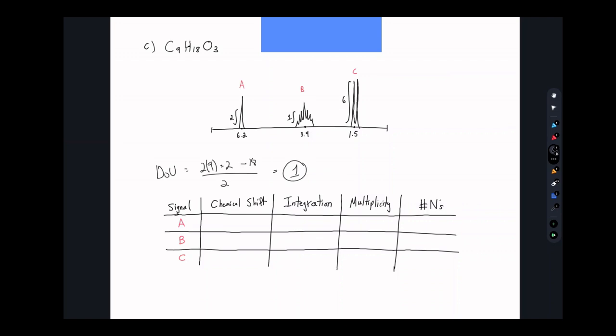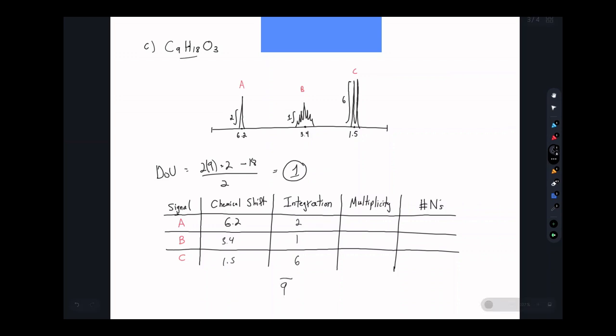Only 3 signals, which is pretty surprising for a chemical that large. So the chemical shifts are 6.2, pretty high and elevated, 3.4, and 1.5. The integrations are 2, 1, and 6. And at this point, we once again want to check for the sum. And we'll notice, wait a minute, these only add up to 9.